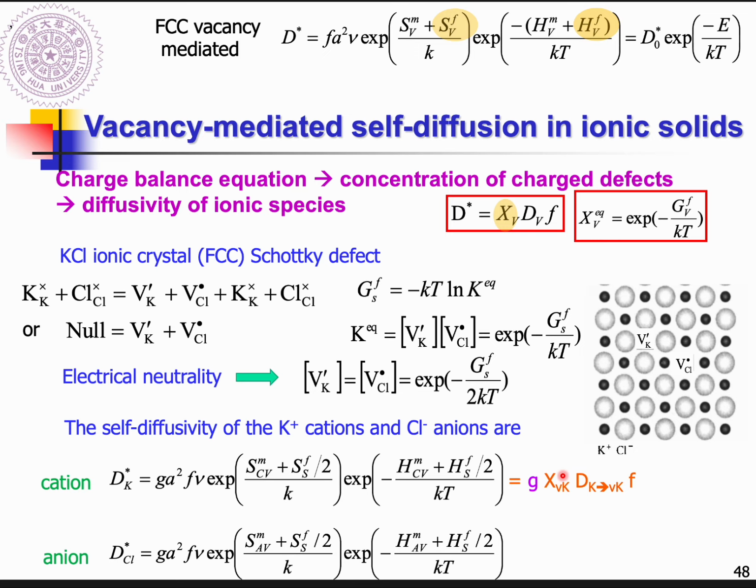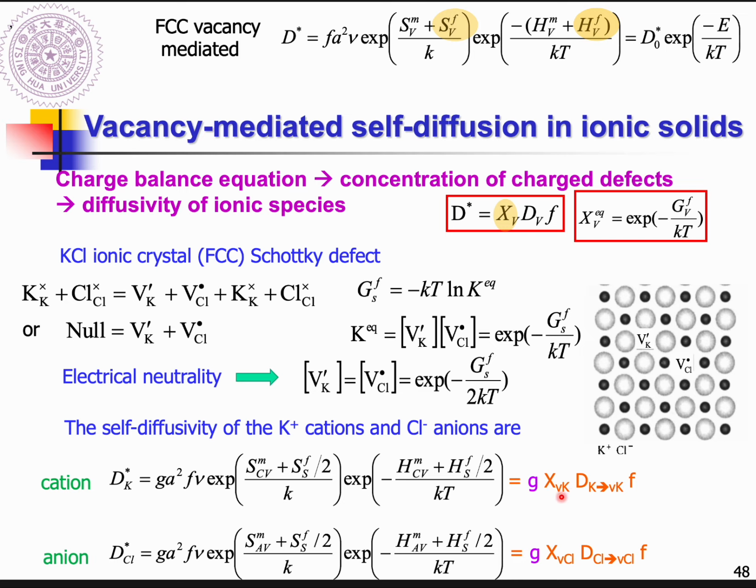The same idea, right? And when you try to write down the diffusivity of the anion chloride, also with G, XVCl, and the Cl here: the diffusivity of Cl jumping into VCl, times F. As long as you can write down these equations, for the rest, just try to decouple or fill out each term.